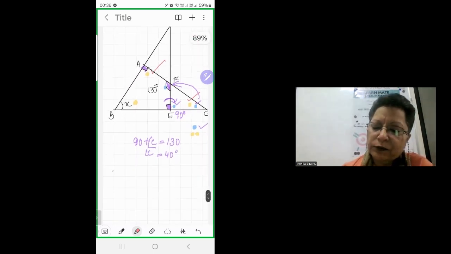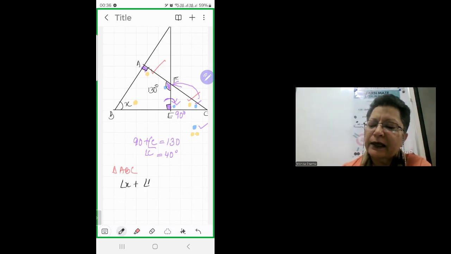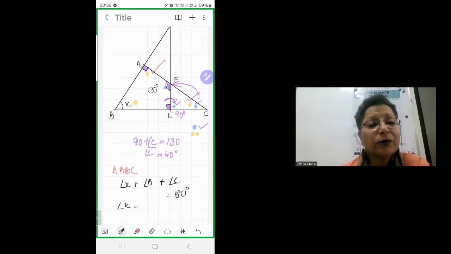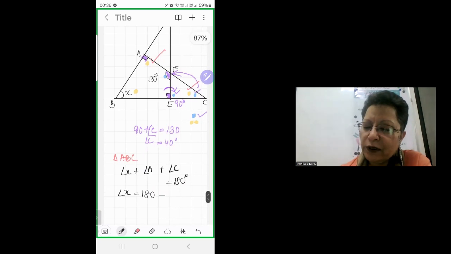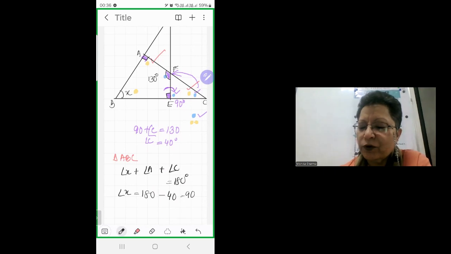So in triangle ABC, what will you have? Angle X plus interior angle at A plus angle C is 180. So angle X is going to be nothing but 180 minus C and A. What is C? C you've already found out to be 40. A is given to you as 90. So you have 180 minus 90 and 40, which is together 130. So you're going to get this as 50 degrees.